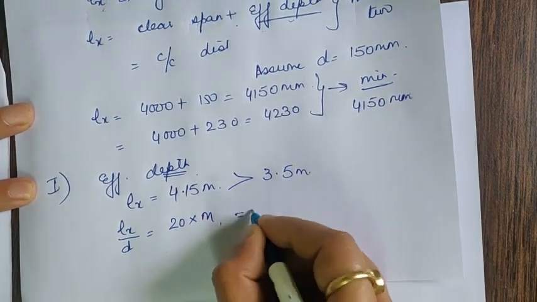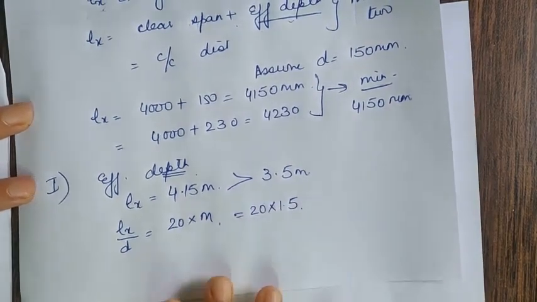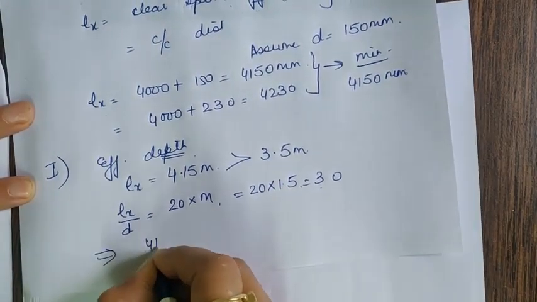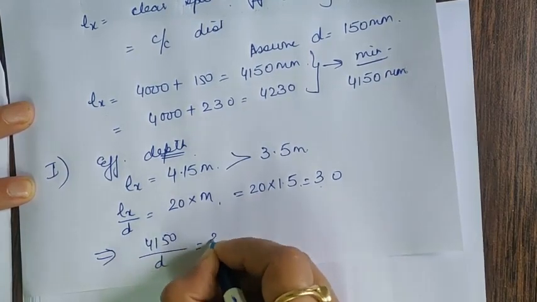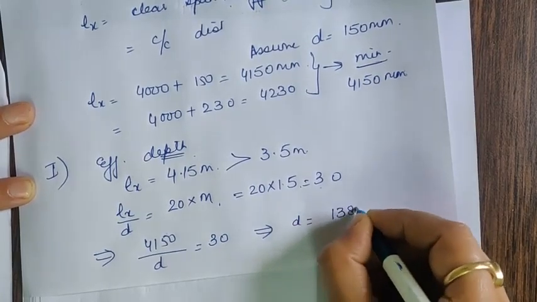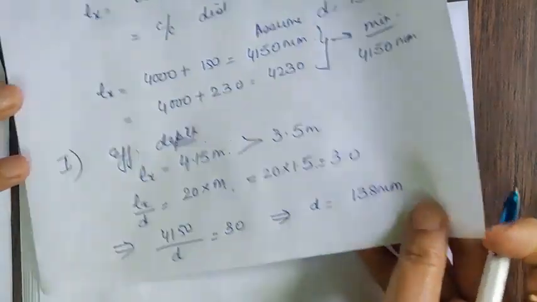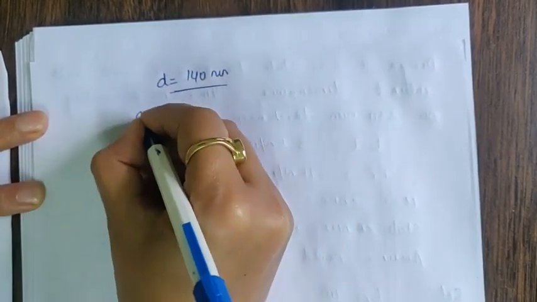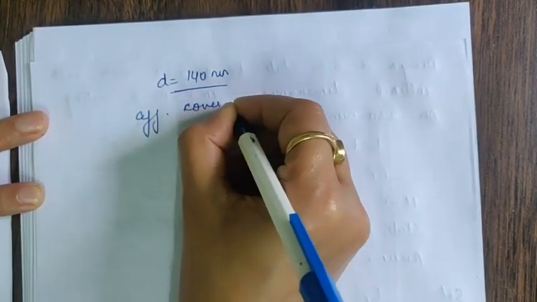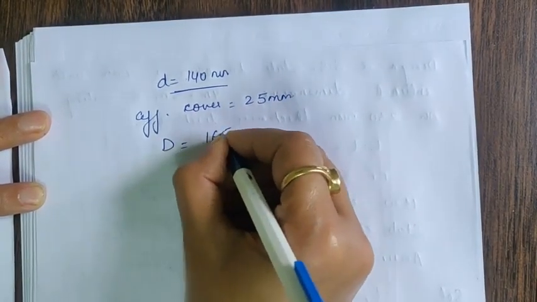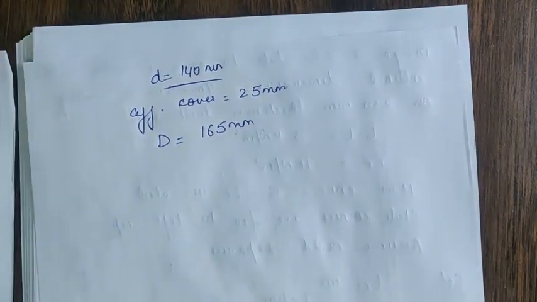Let us say I am taking this modification factor to be 1.5. That is 30. Therefore, 4150 upon d is equal to 30. d is coming out to be 138 millimeters. Therefore, let us say I am assuming d to be 140 millimeters. I am taking an effective cover of 25 millimeters. Therefore, total depth is 165 millimeters.